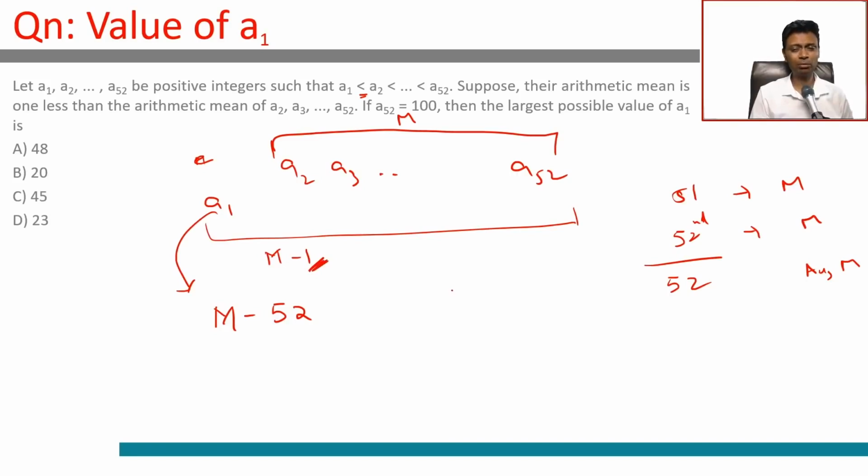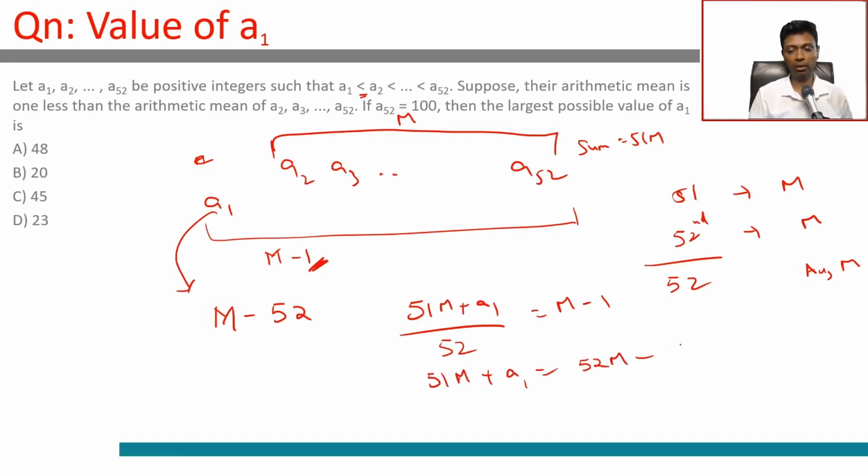The other way of doing this, the more conventional way of doing this, all of these put together, the sum is 51m. 51m plus a1 by 52 equals m minus 1. 51m plus a1 equals 52m minus 52, or a1 is m minus 52. This is the algebraic way of doing this, we know that. The average minus 52 is a1, average of these 51 entities.